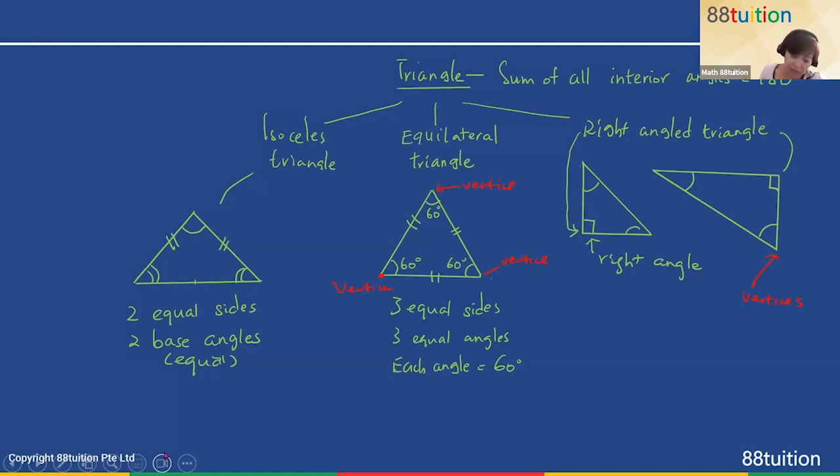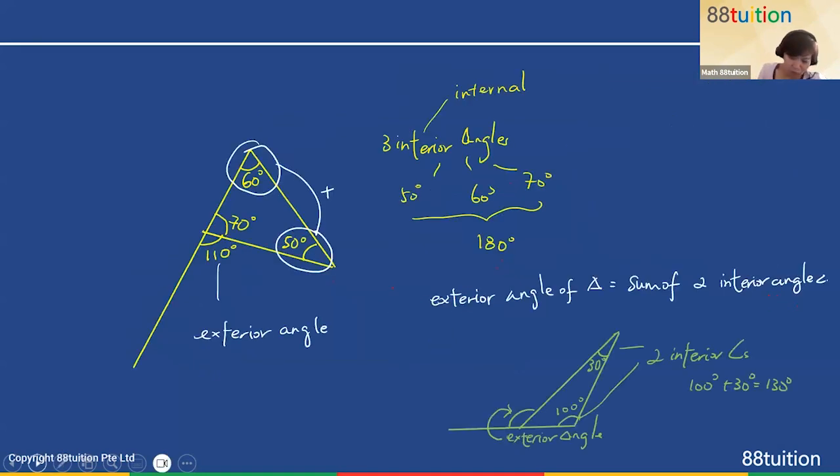We also covered that any exterior angle outside the triangle equals the sum of the two interior angles.